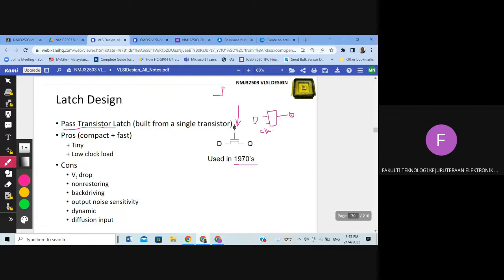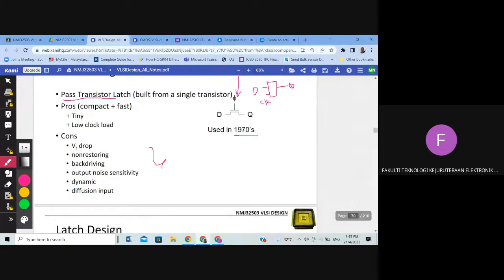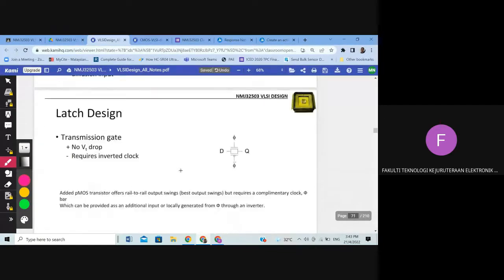For the case of a latch, it is every high level of the clock or low level of the clock, depending on the designer. This gives you the advantage of being compact and fast, but we have lots of limitations here. So during the early design of the latch, people started improving it.